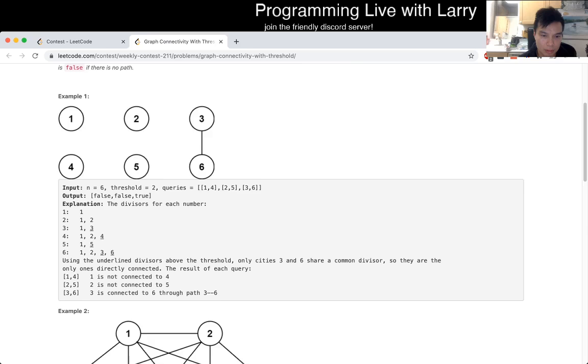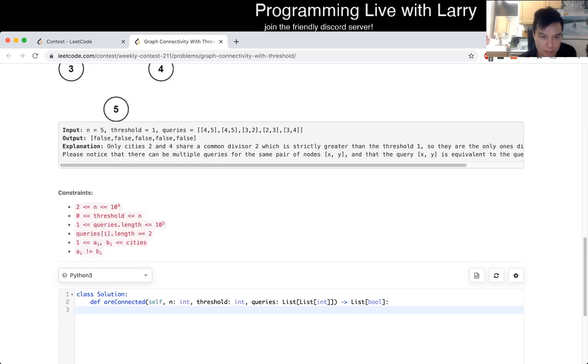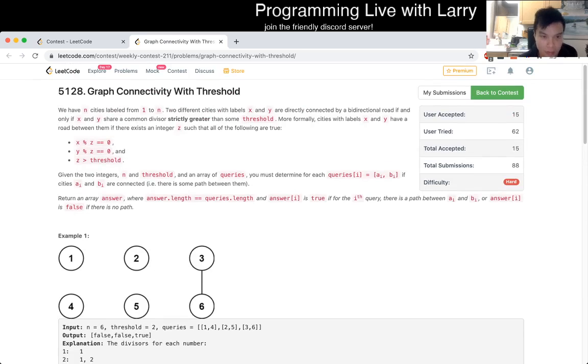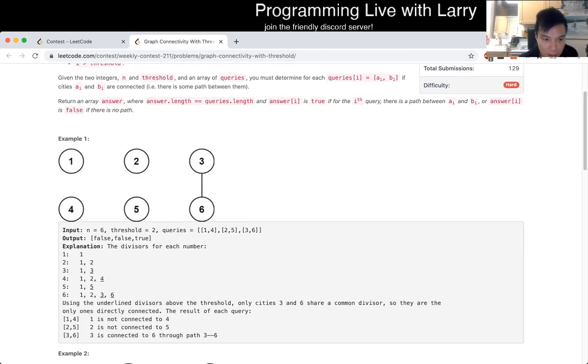This graph. I have some ideas, but I spent too much time on the other one.